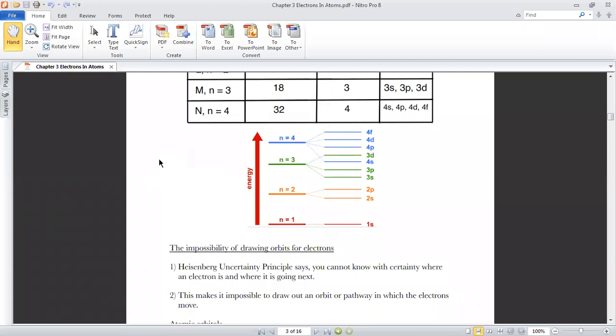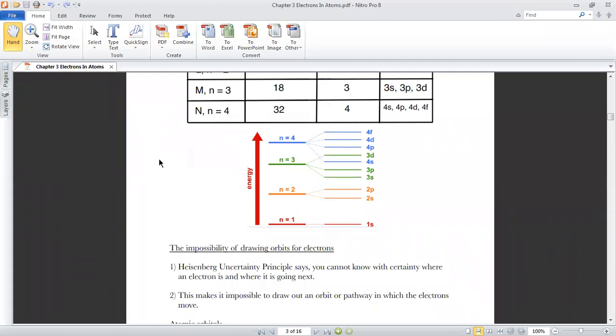But when we go to shell number two, it has two kinds of wave nature of electrons, S and P, 2s and 2p. But which of them has lower energy? So according to the Aufbau principle, 2s has lower energy than 2p. But the energy difference is there. You see the diagram. 2s has lower energy, and then 2p is there slightly above 2s, higher in energy.